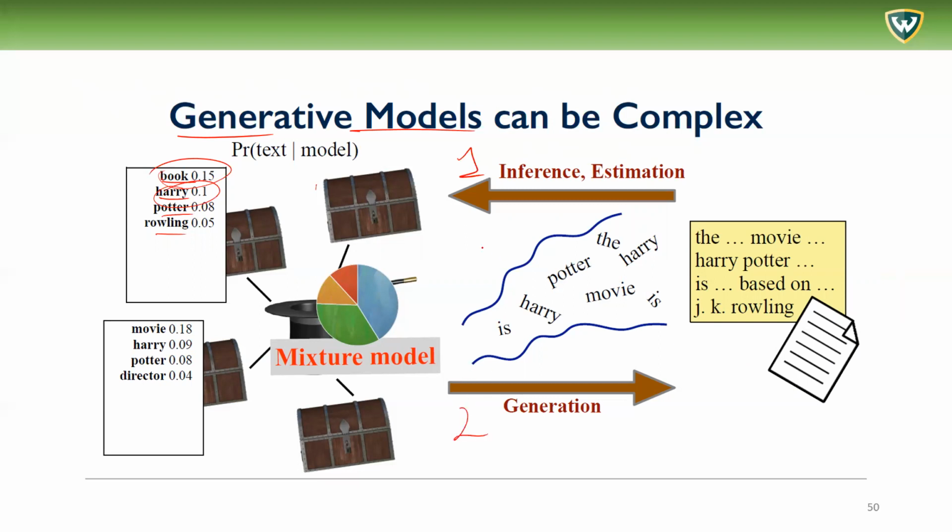Okay, so there's this inference estimation first that the model itself does, and then there's the generation of a list of topics.